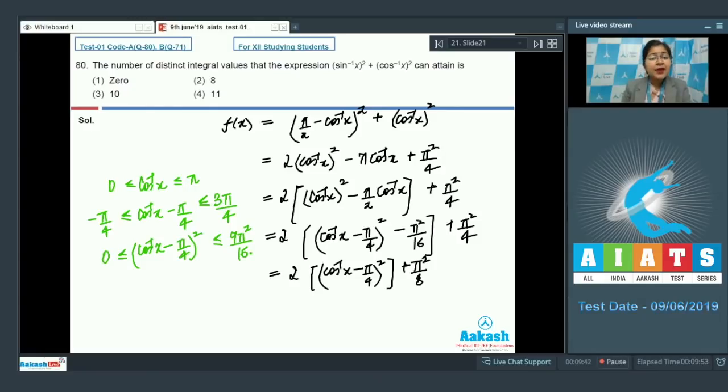So multiplying it by 2, and adding pi square by 8, we can say f(x) will go from pi square by 8 up till 9 pi square by 8 plus pi square by 8, that is 10 pi square by 8. So this is 1 point something and this will be 12 point something.